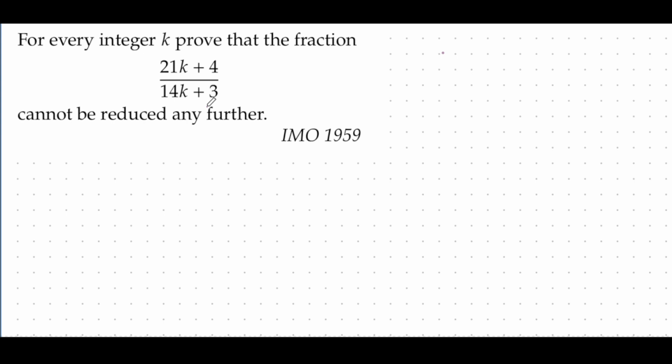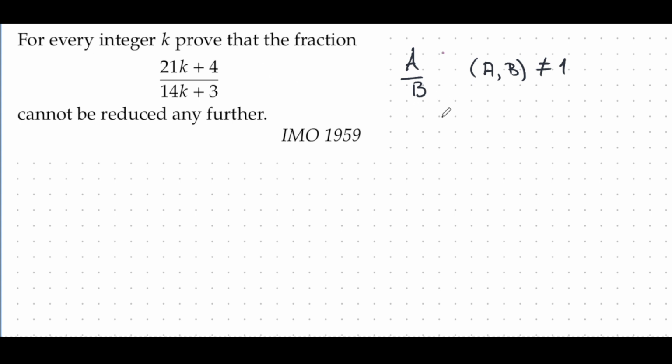So what does that mean? Well, if you have a fraction like A over B, this can be reduced if the GCD of A and B is not 1. If the GCD is not 1, that means it has some common factors and you can cancel them out.